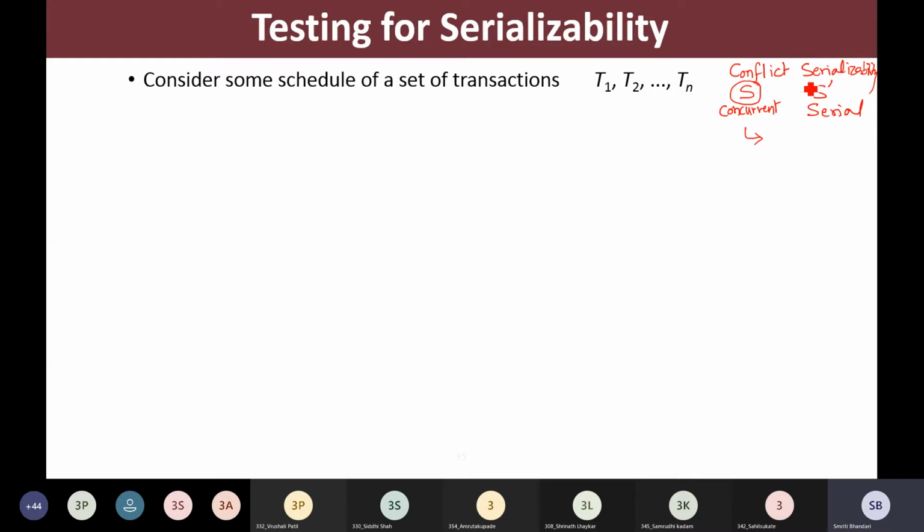I'll repeat once again. Initially, I have the schedule S, which is concurrent.